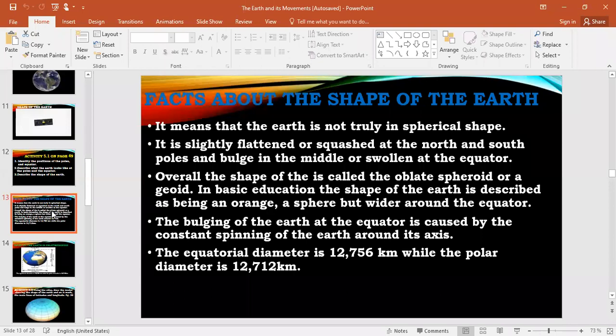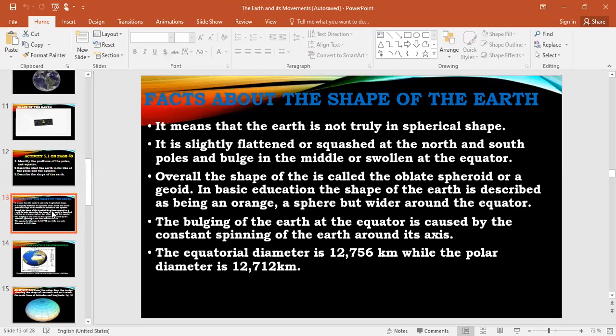So they have given all the answers. It means the Earth is not truly in a spherical shape. And for number 2, it is slightly flattened or squashed at the north and the south pole, and then it is swollen or bulged at the equator.